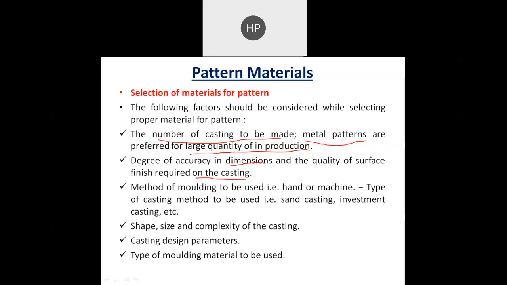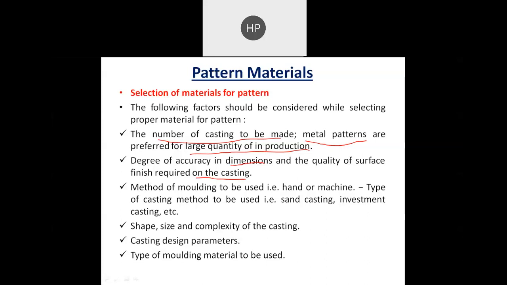So after performing a casting process, when we take out the mold from the cavity, what outer surface finish we require and what exact dimension accuracy we can achieve, based on that we can choose the pattern material.